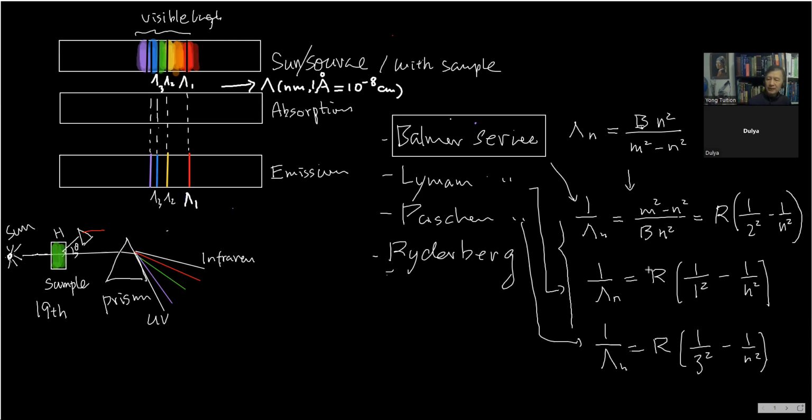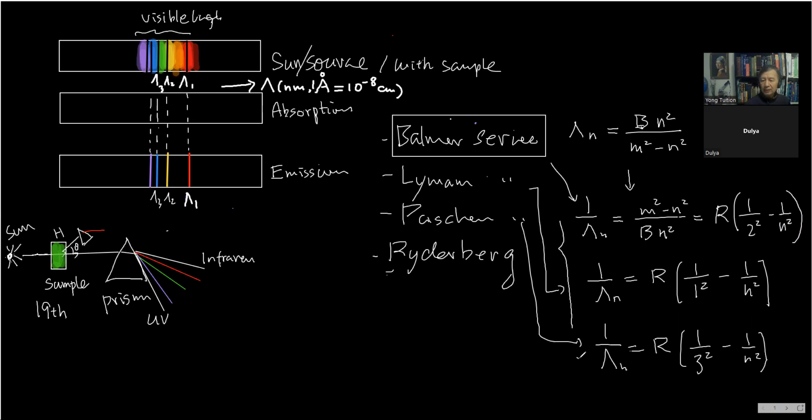So presumably that is the formula for Balmer. So Rydberg rewrote Balmer's original formula. So that's why I think that is Rydberg. In general, I prefer to write a general Rydberg formula before we go to the explanation.